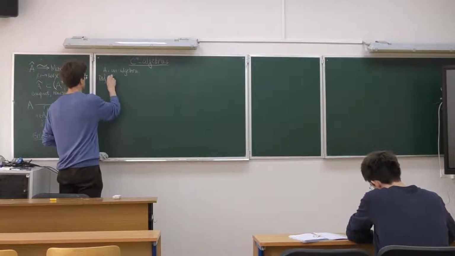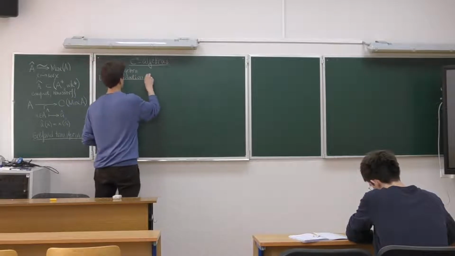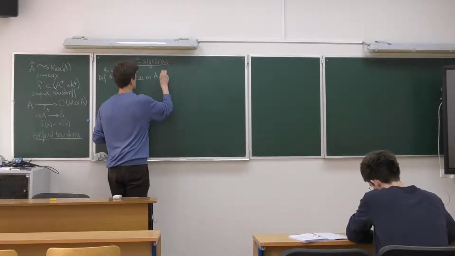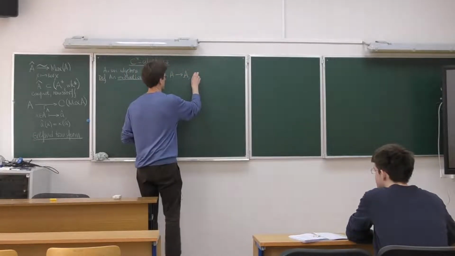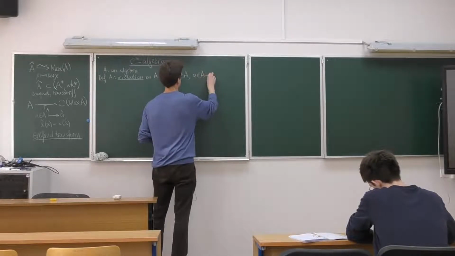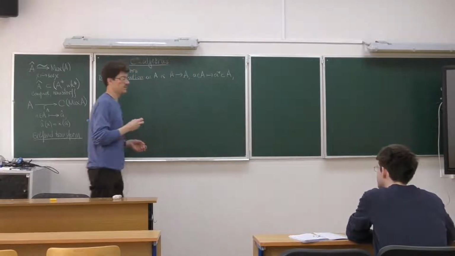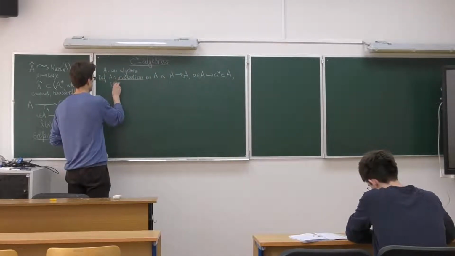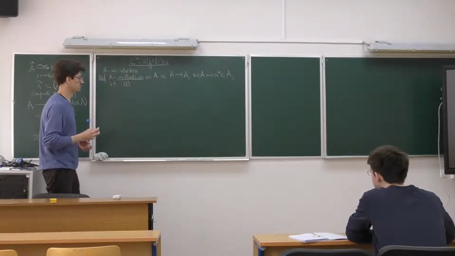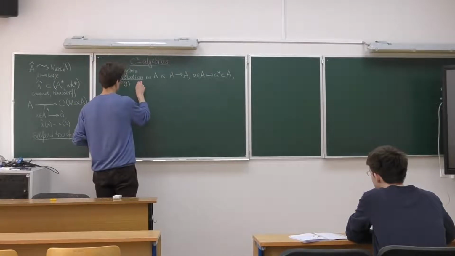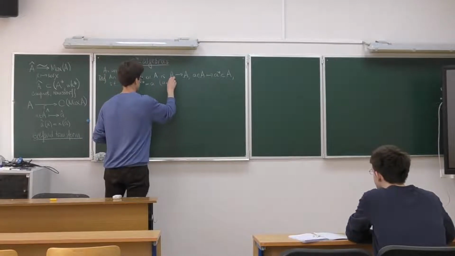And we define an involution on A to be a self-map from A to itself, which takes each element in our algebra to another element denoted by a star, such that the following axioms are satisfied. First of all, it is an involution in the usual set-theoretic sense. That is, if we apply it twice, then we get the identity map.